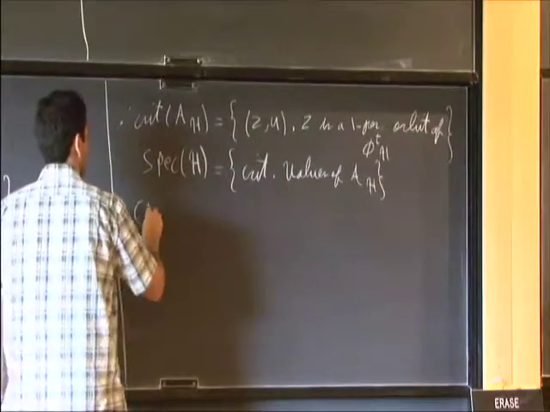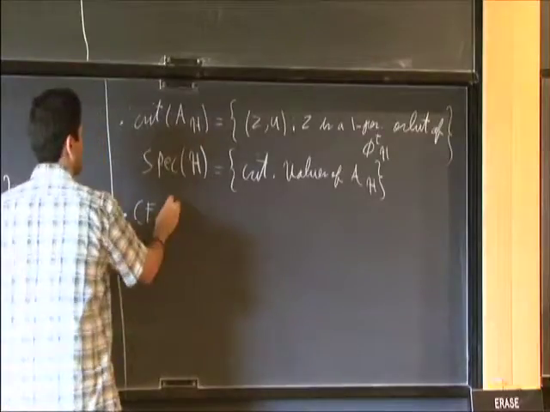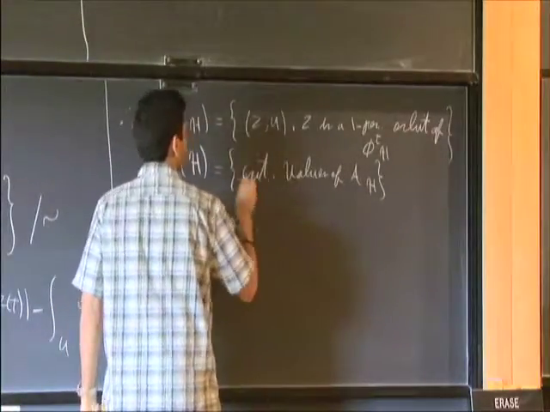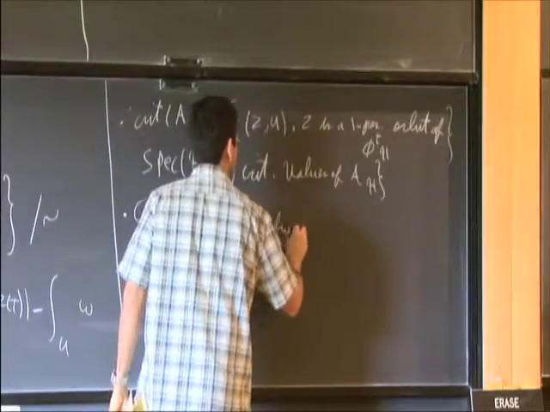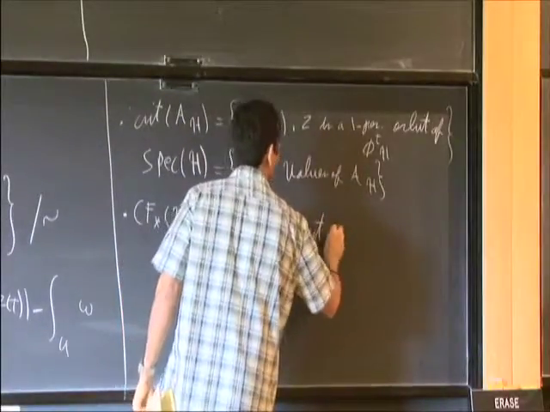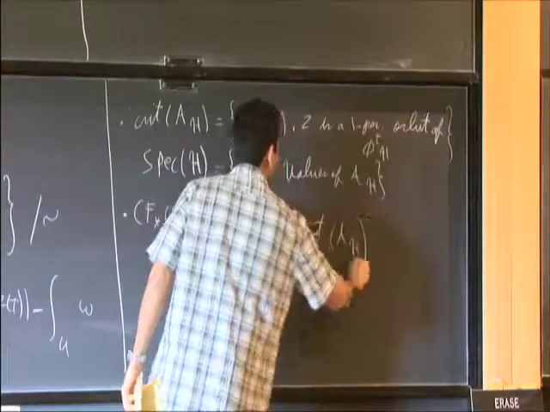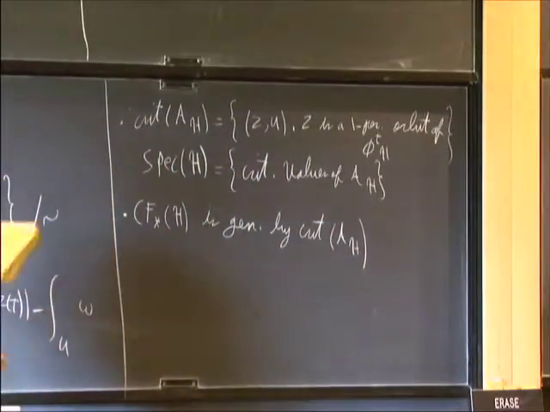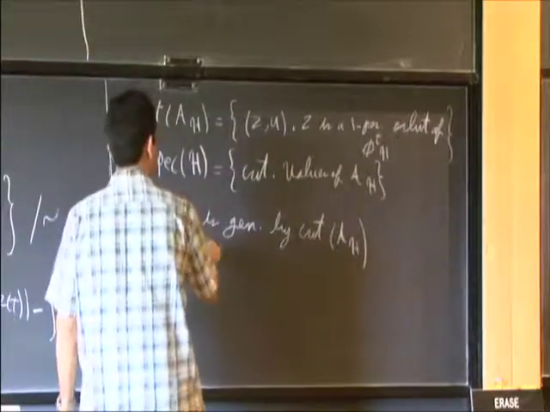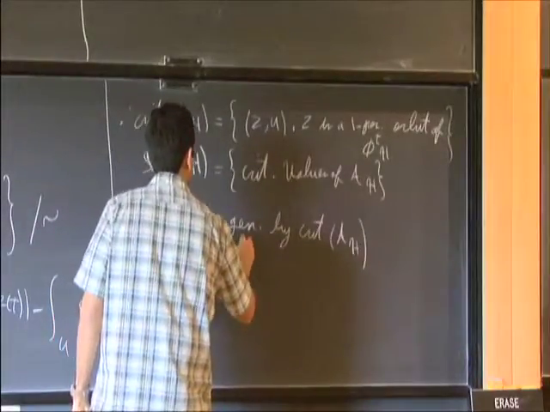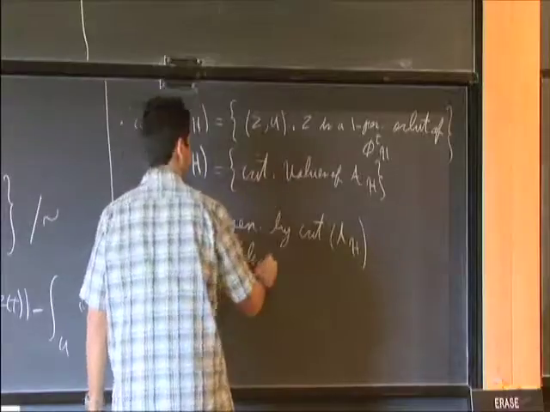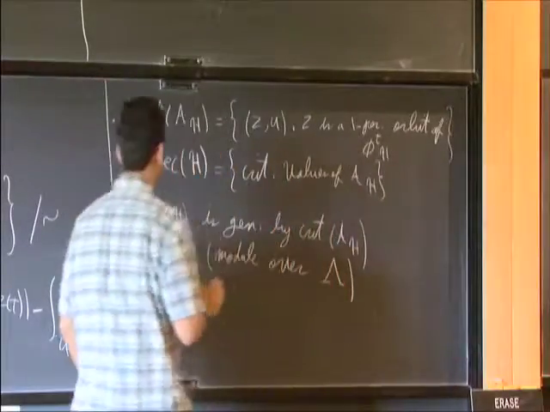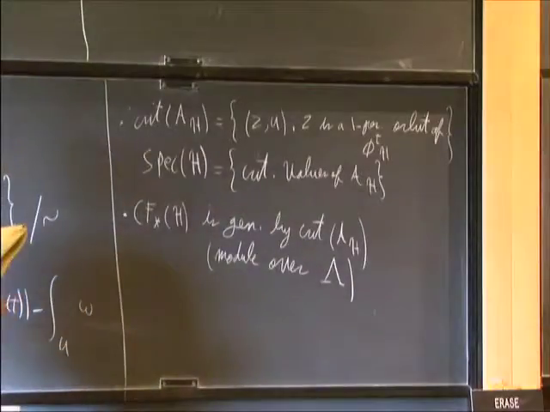Okay, so the Floer chain complex of a Hamiltonian is generated by the critical points. In fact, it forms a module over the Novikov ring of the manifold, but other than the symbol lambda, you won't see anything else but the Novikov ring in my talk.